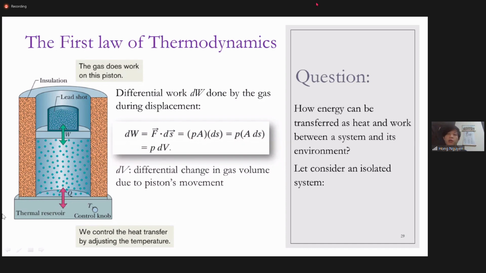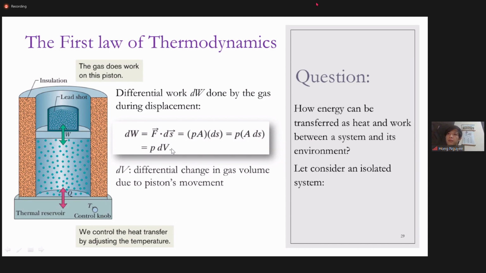Here, the work is actually the product of F and ds. And if you replace the force F by the product of the pressure and the area, what we just calculated in the previous slide, and then transform your formula a little bit, it will give you at the end PdV.